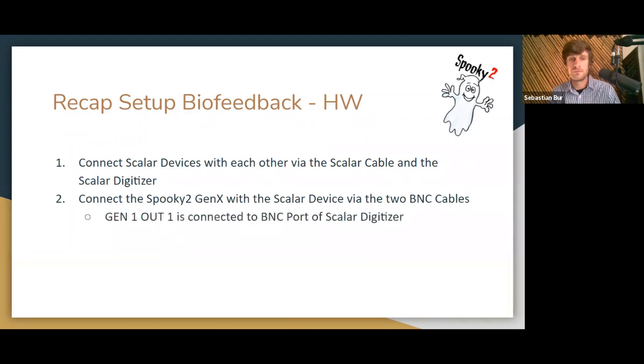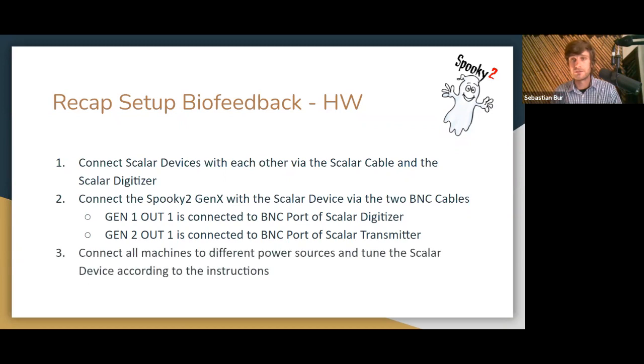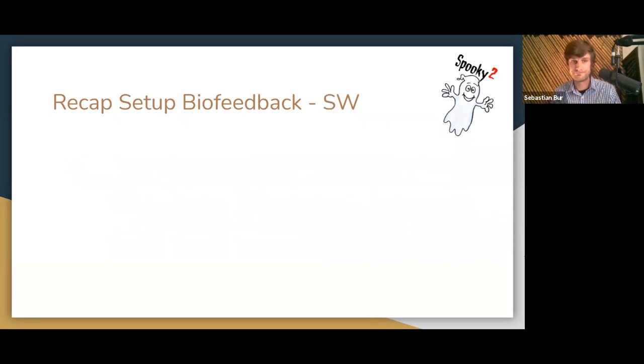Then generator 1 out 1 goes into the scalar digitizer, that little device, and generator 2 out 1 goes into the scalar transmitter, or directly into the box. Then connect the machines obviously to power sources and tune the scalar to the right frequency.